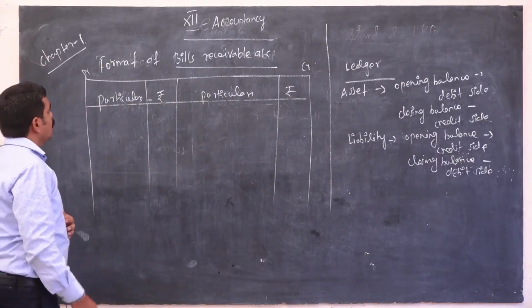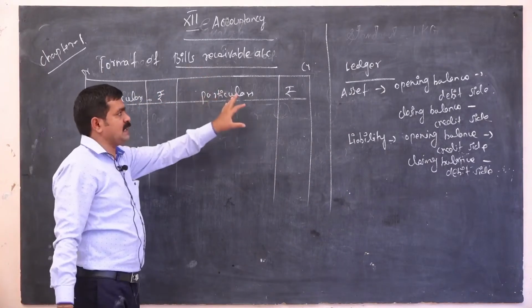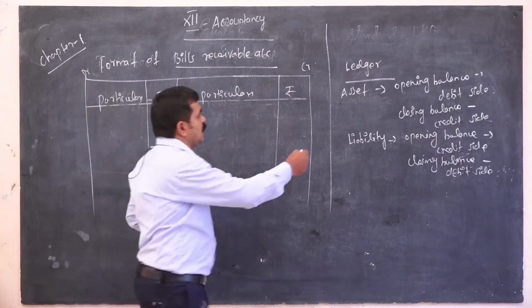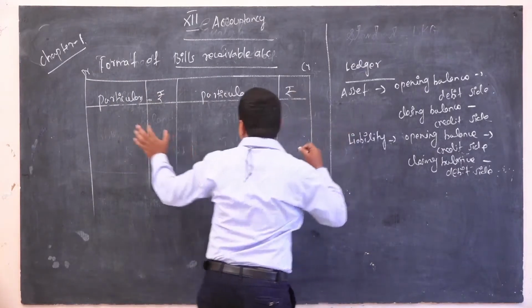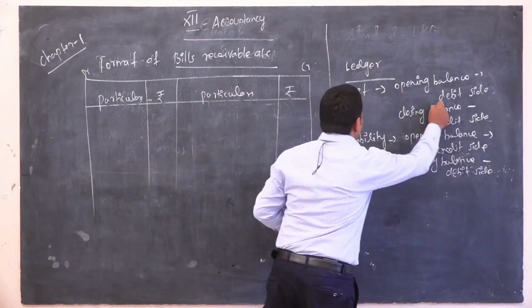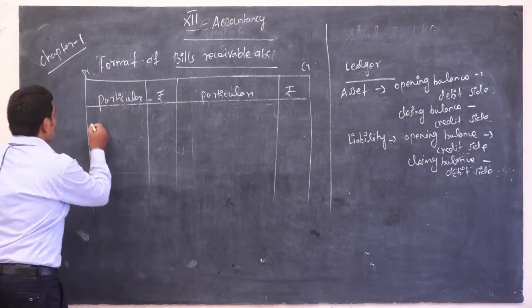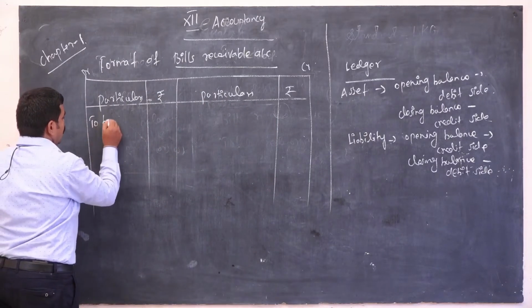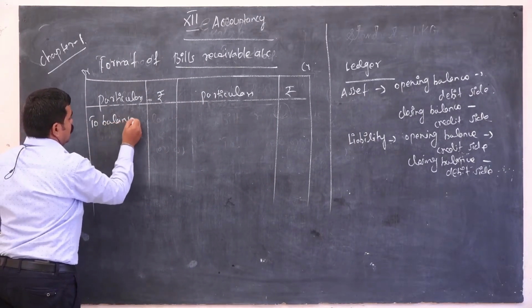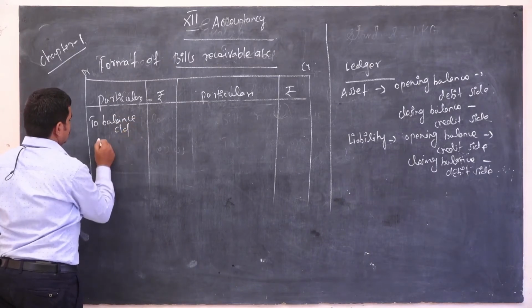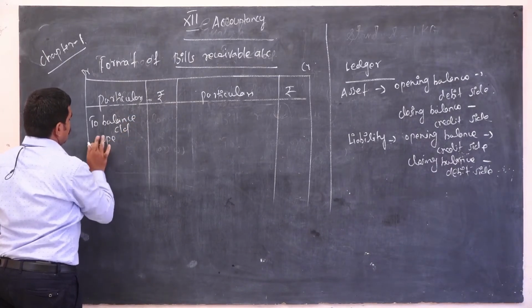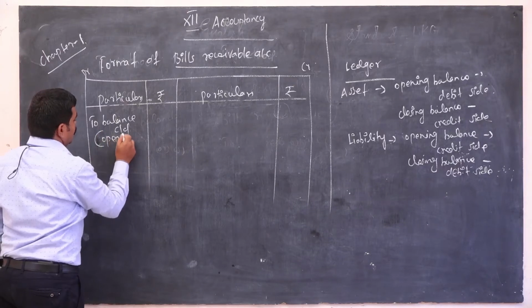Bills receivable is one of the assets, so you have to show the opening balance on the debit side, to balance brought forward, that is called the opening balance.